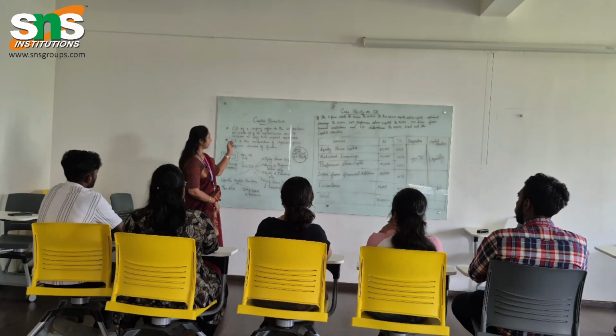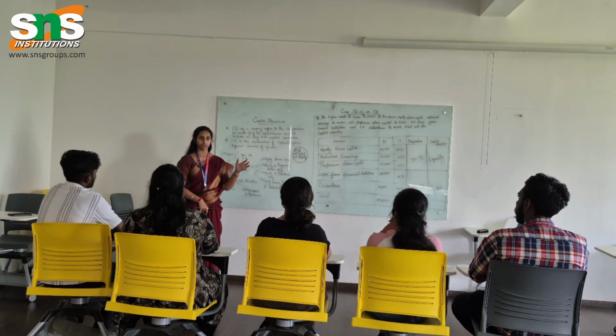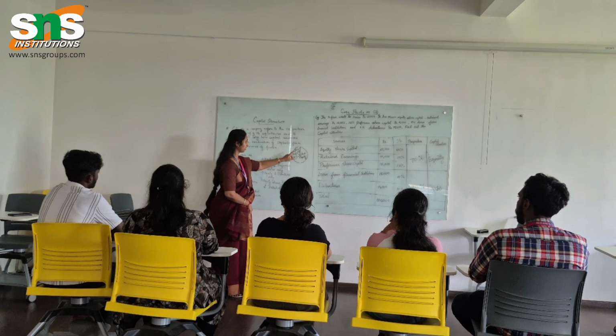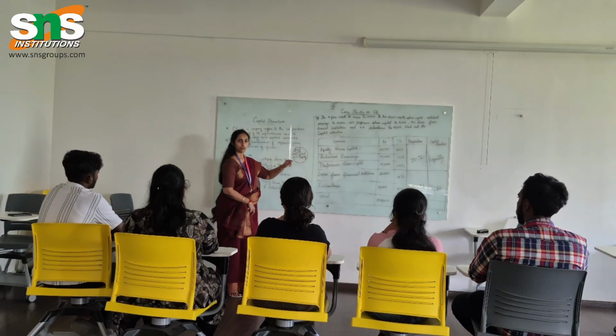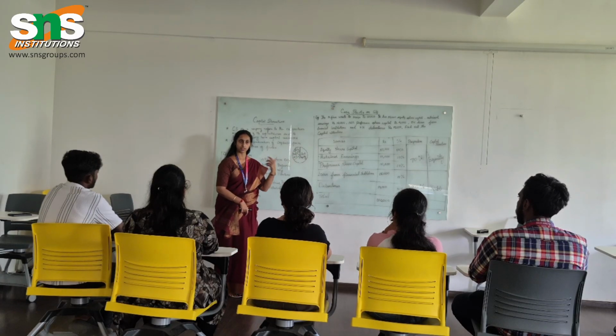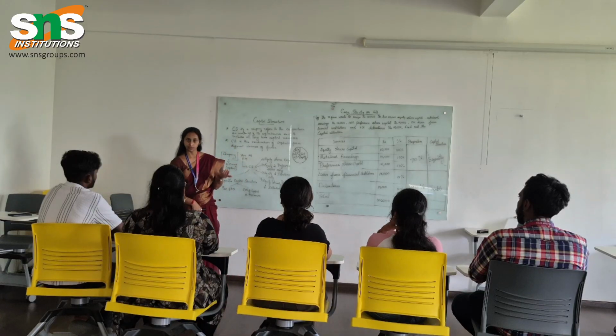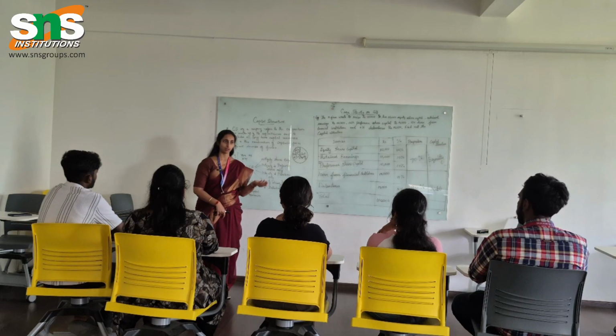Composition or makeup means a combination or mix, like how this ratio is going to work. You all know there are different sources of finance, as we studied already: equity shares, preference shares, debentures, bank loans, factoring.